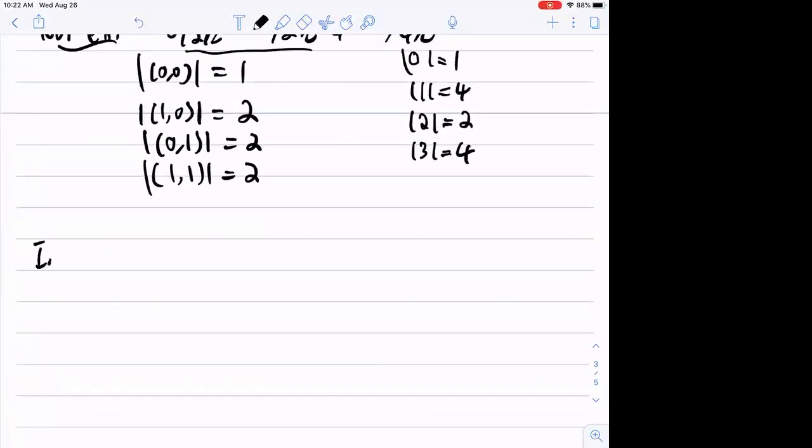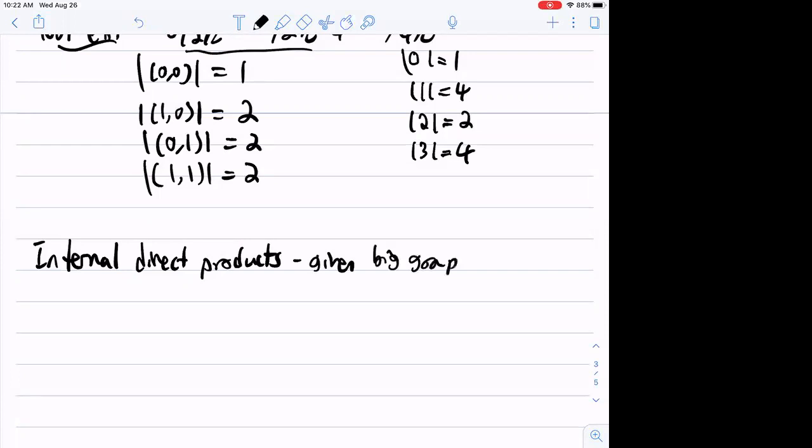Okay, so internal direct products. This is the opposite: given a big group, decompose it into a product of smaller ones.